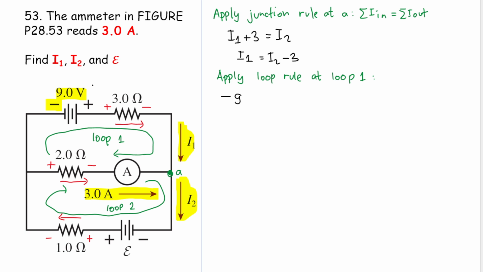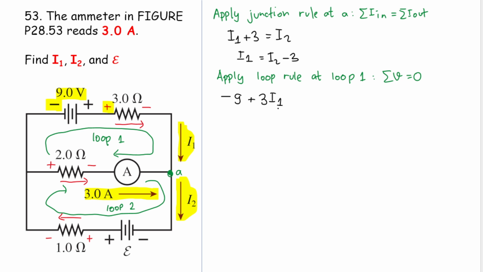Good. Then let's move on to this 3 ohm resistor, and the loop enters from the positive side, so I will have a plus sign. Remember, the loop rule is that the sum of the voltage is equal to 0. Voltage is current multiplied by resistance. The current is I1 and the resistance is 3 ohm, so I will have 3 I1.